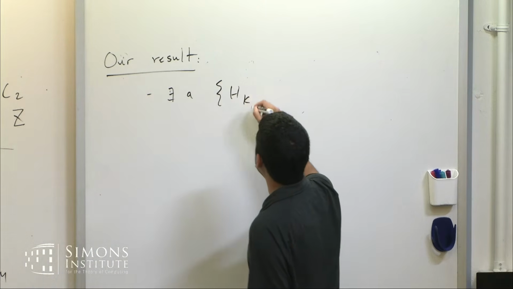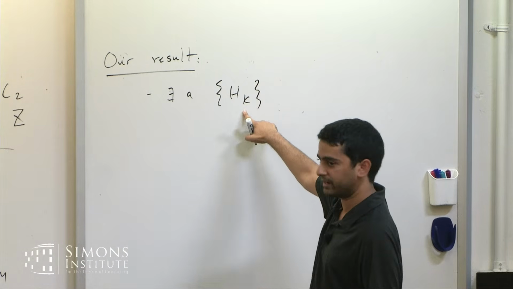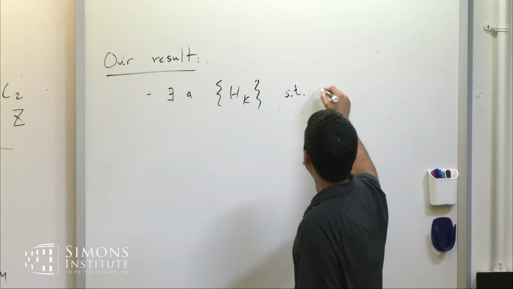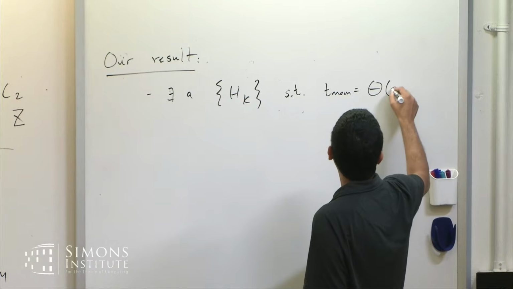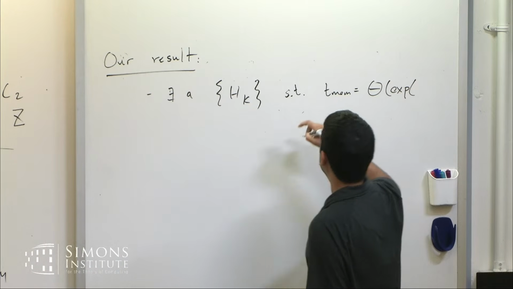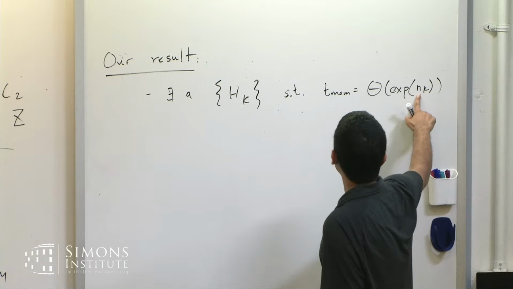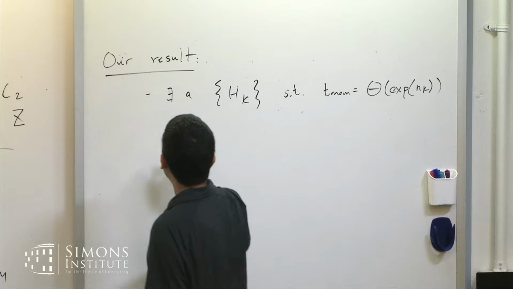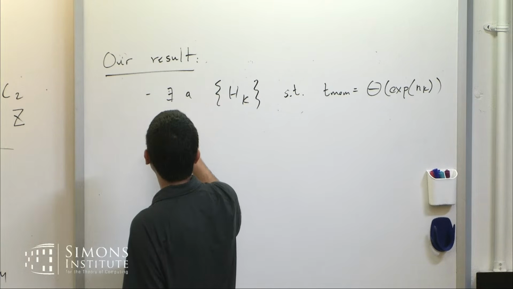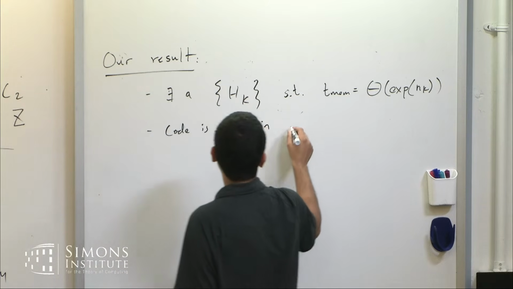So there exists a family of Hamiltonians, where K indexes the size of the family, such that the memory time scales exponentially in the number of qubits at that scale, and the code is local in 3 dimensions.